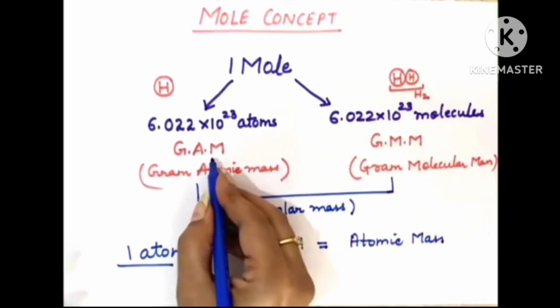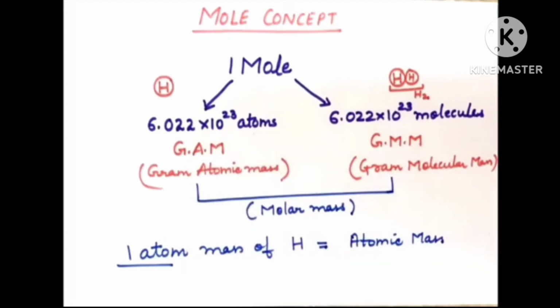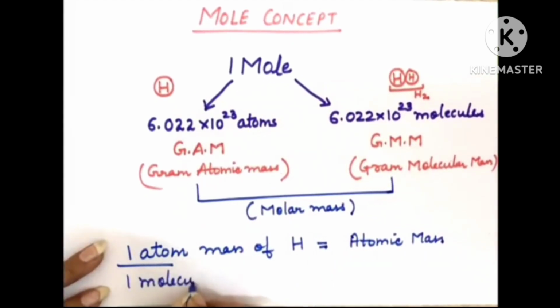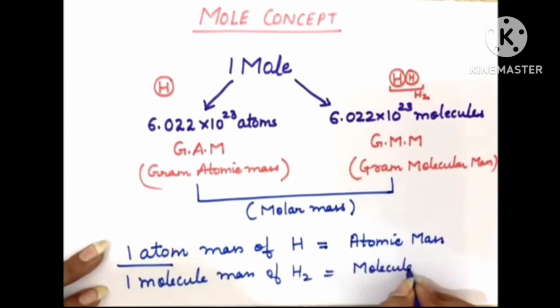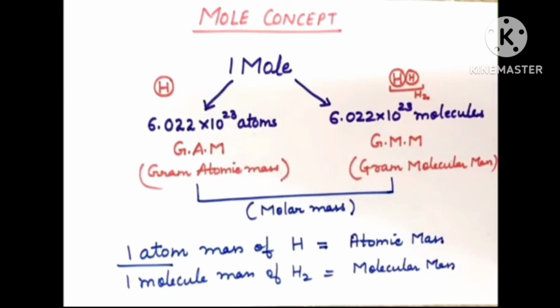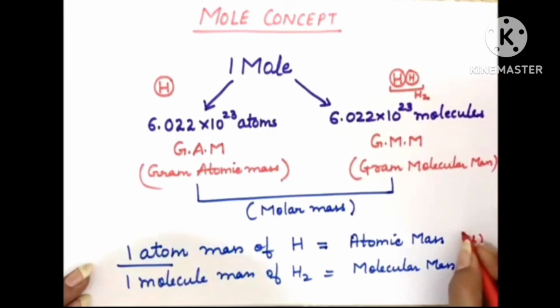This is not called gram atomic mass. This is called just atomic mass. Similarly, if I take 1 molecule mass of hydrogen, hydrogen molecule means H2, then that is known as molecular mass. And the unit for these masses will not be gram, the unit will be atomic mass unit, that is we write these masses in u only.